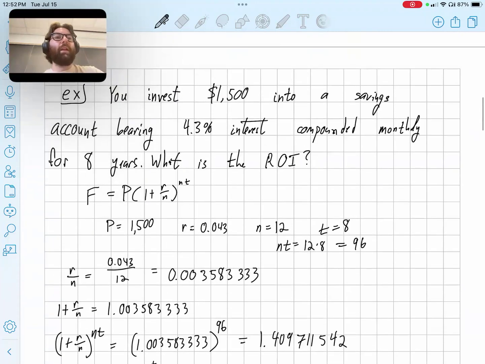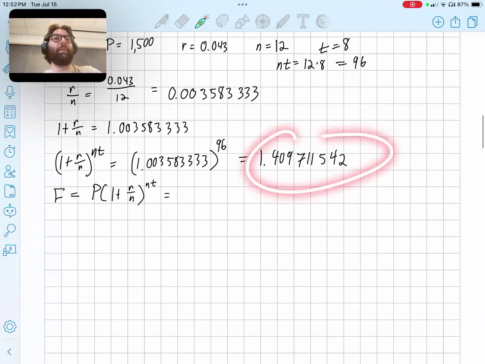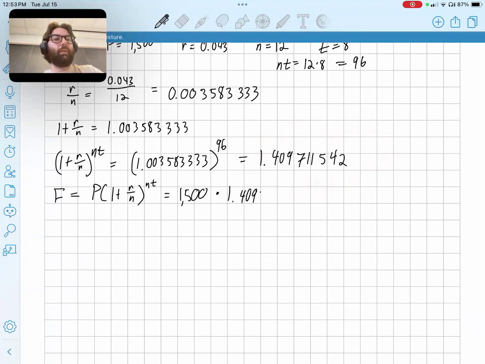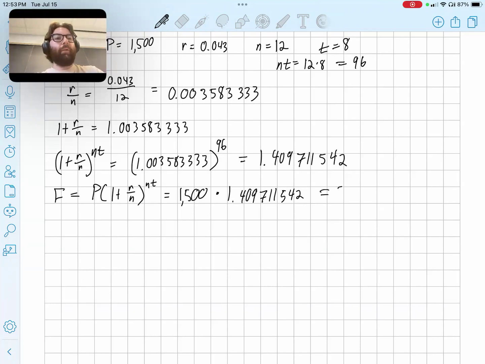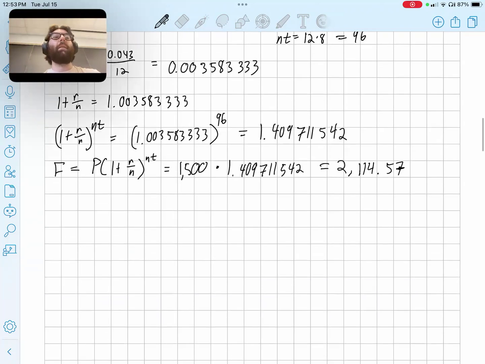That's going to be 1,500 times this number that we just found, 1.409711542, which is equal to 2,114.57. Because this is an answer in dollars and cents, I'm going to round it to 2 decimal places. This is my future value.